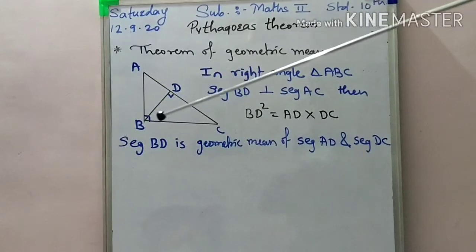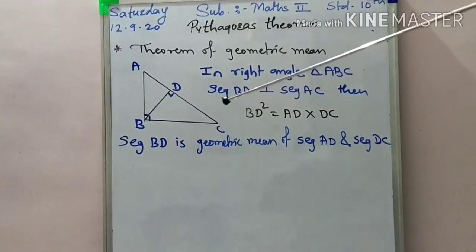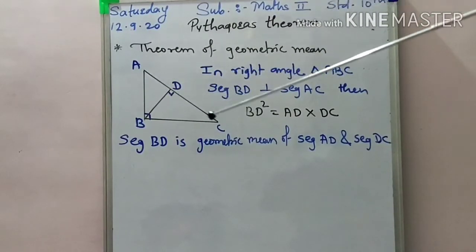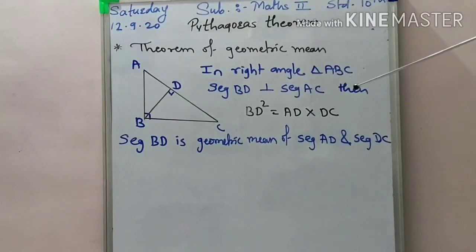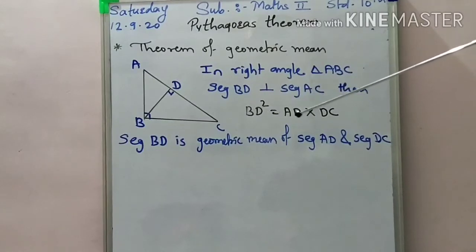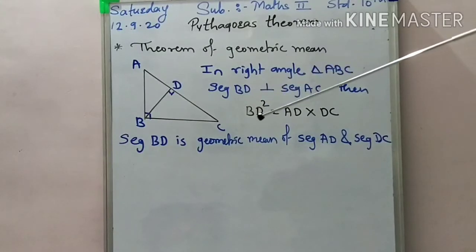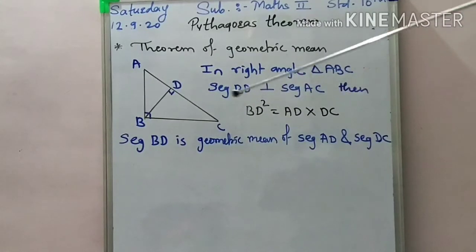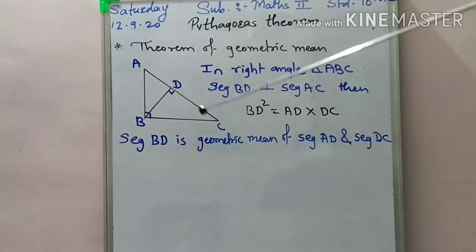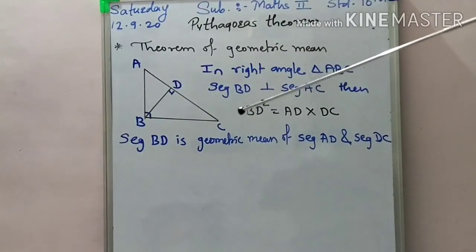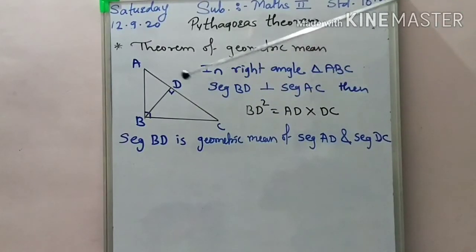So in right angle triangle ABC, as we take the perpendicular altitude BD on the hypotenuse AC, meaning segment BD is perpendicular to segment AC, we get this property: BD square equals AD into DC. It means the square of the altitude, which divides the hypotenuse AC into two parts AD and DC, is equal to the product of those two parts.